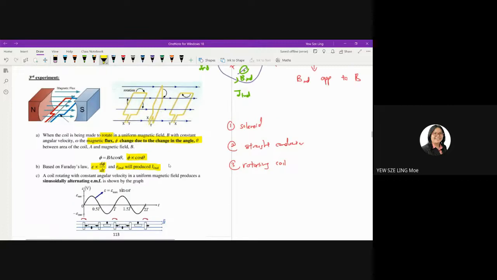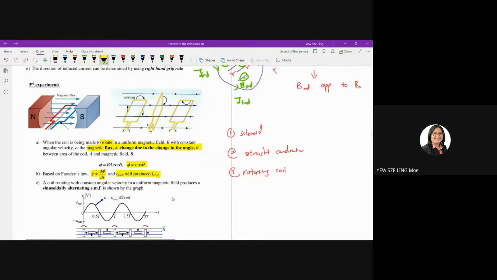Okay, so when you have a rotating coil, there is a change in the flux. So you look at whether it's changing in the angle. If it's changing from 0 degree to 90 degree, that means flux increases. Kita punya phi increase.